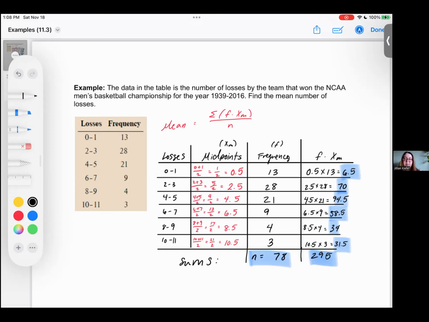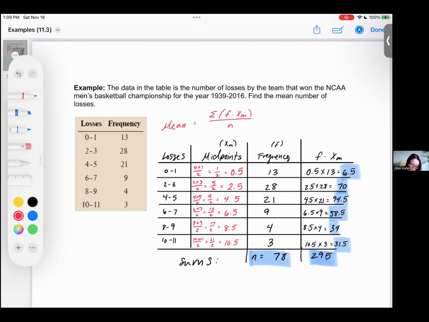So we've completed all of the math at this point. We have multiplied everything together. We found the midpoints. And now we know that the mean will be the sum of the products of the frequencies times the midpoint divided by the sum of the frequencies.